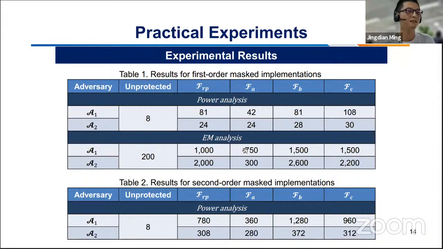And here are the practical results of the number of traces required to reach a guessing entropy lower than 10. We can see that the two strong addition chains are better than the other two. And in the worst case, its resistance is close to that of the unprotected lookup table-based implementation.